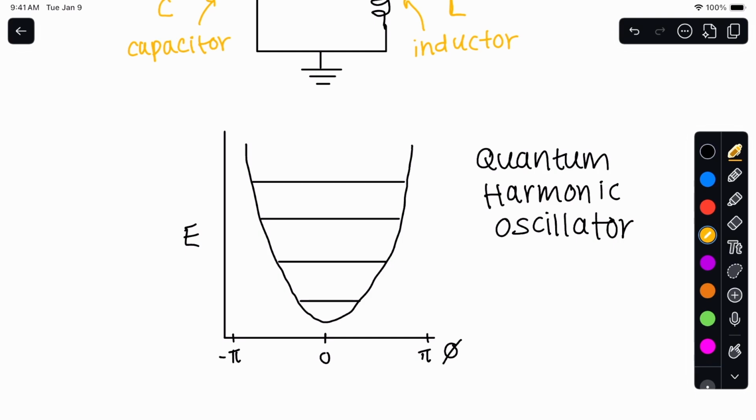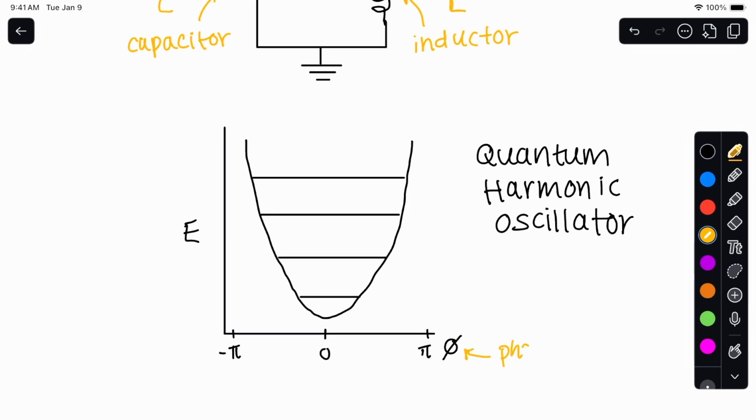And this is the potential energy well of the quantum harmonic oscillator, where the x-axis is the phase across the inductor, which is not super important. The important part is that these energy levels are evenly spaced by h bar, which is Planck's constant divided by 2 pi, times its characteristic frequency.